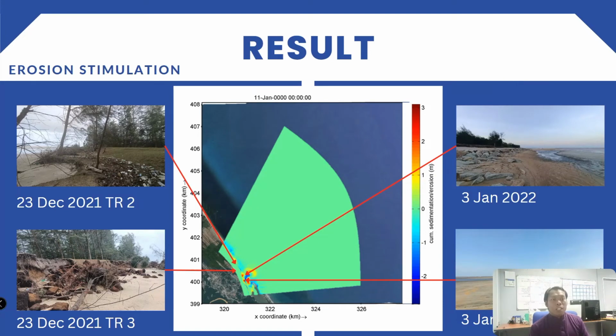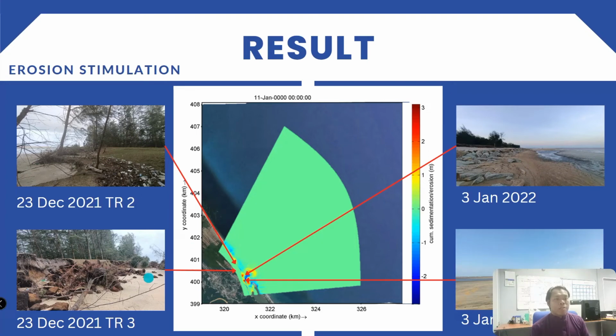For the 2DH result, I chose the erosion simulation result to show and portray the real event that occurred, so I can validate my model. As we can see here, this picture was taken on 23rd December 2021 nearby transect 2. On the model itself, it shows erosion of more than 1 meter.